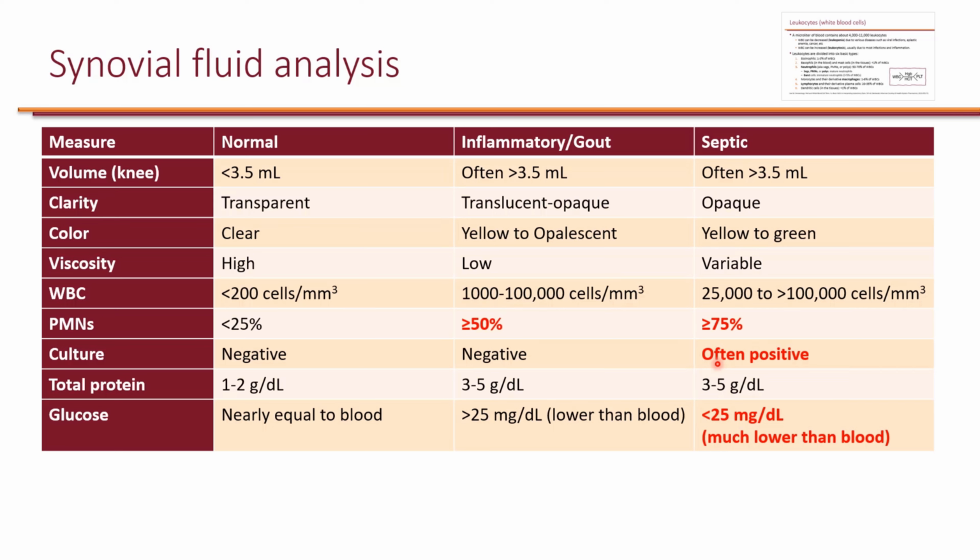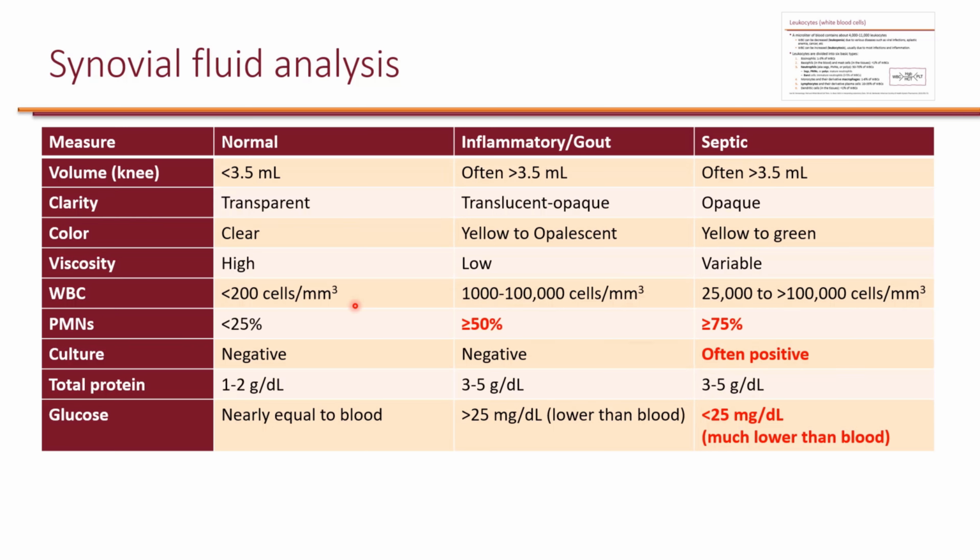For example, Gram stain will show something preliminary for septic arthritis. Another thing you can look at is glucose. The glucose level in the synovial fluid is often greater than 25 milligrams, but if there are bacteria growing in it, they will be using the glucose as food in order to grow. The glucose levels will be low if there is an infectious cause for the arthritis.